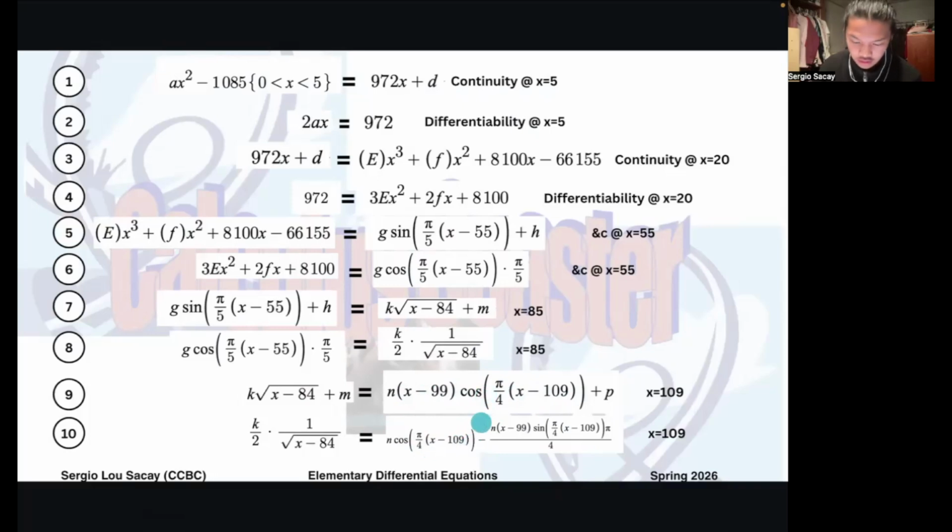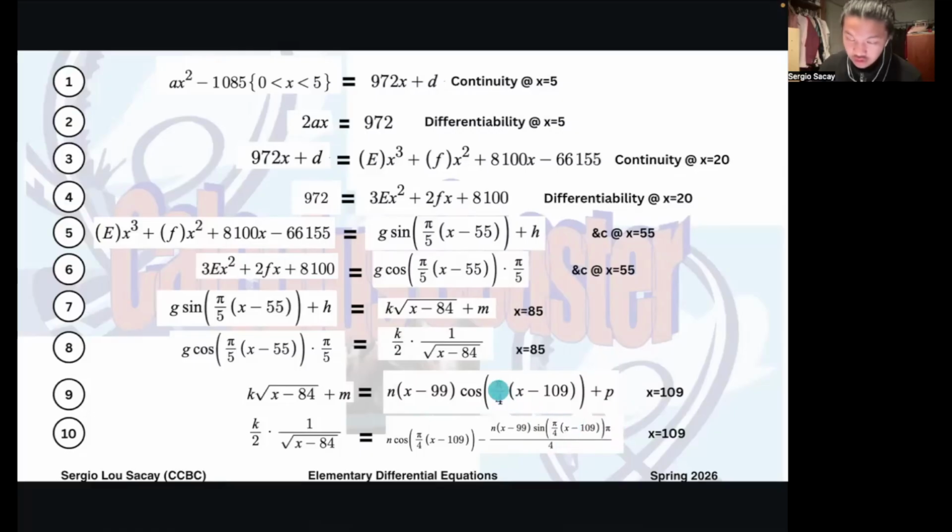And then you're going to do plus the first function, so keep the constant n, x minus 99, times the derivative of the second function, so the derivative of cosine is negative sine, so you bring out the negative here. And then derivative of the inside of this function is pi over 4.